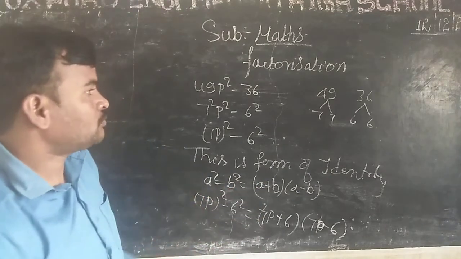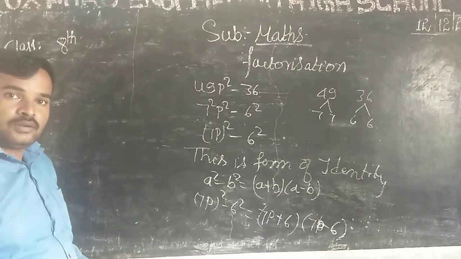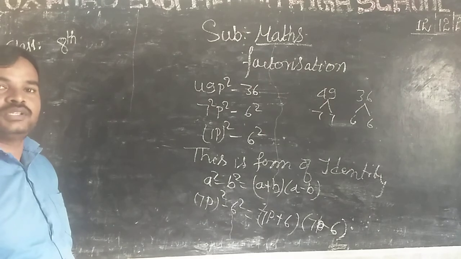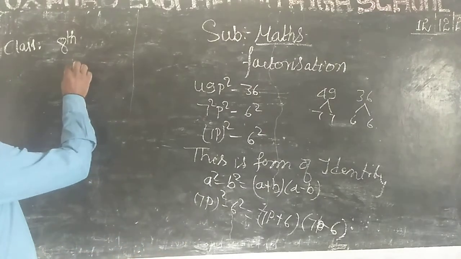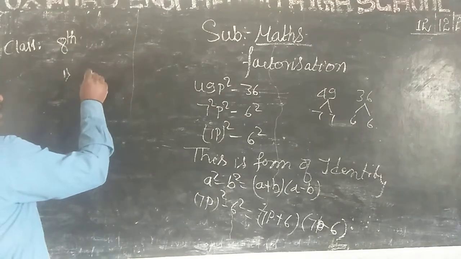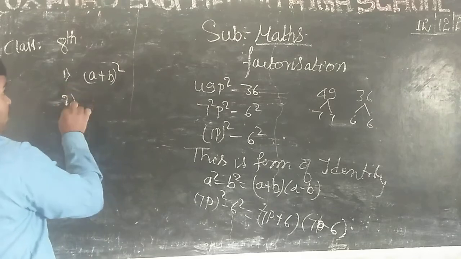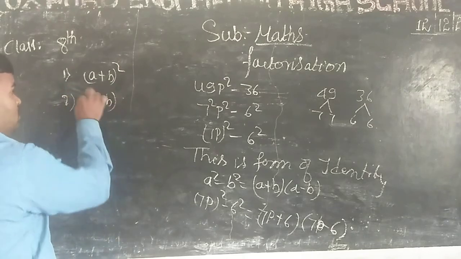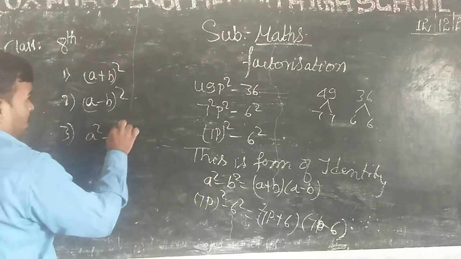Okay. So dear students, in this video class we discussed three sums. All three sums are on the basis of the three identities. One, a plus b whole square. Second, a minus b whole square. And third, a square minus b square.